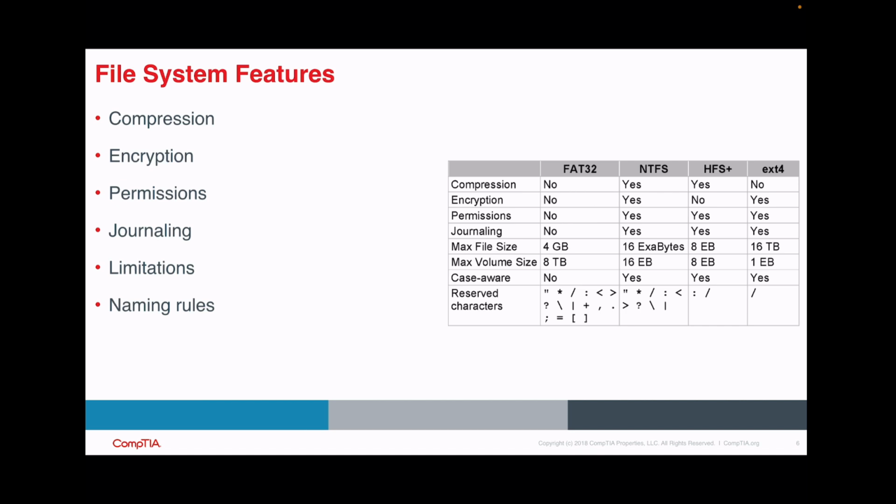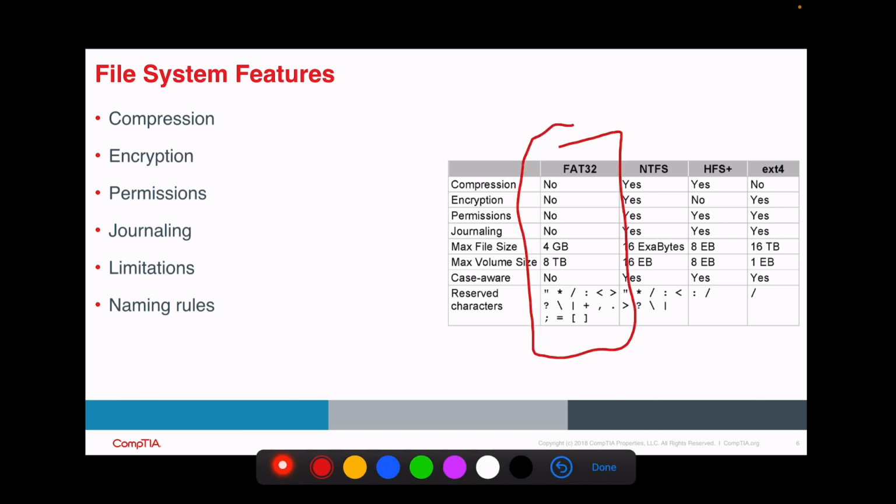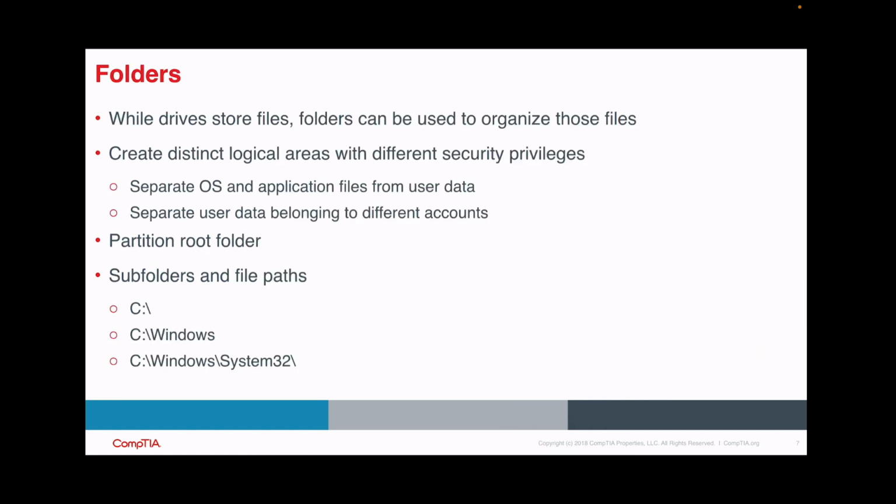So again, you could see this little chart here that helps you understand, and you could see that on the FAT32 side doesn't have a ton of features, where these more modern file systems that you see over here, those ones do have, they're a little bit more rich as far as our feature set is concerned, okay.